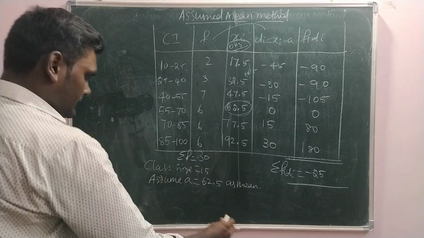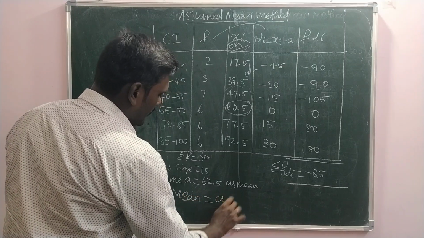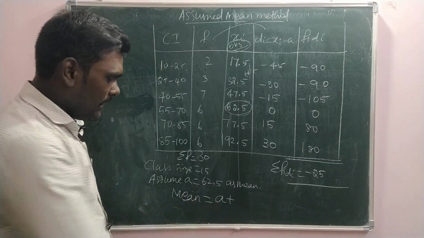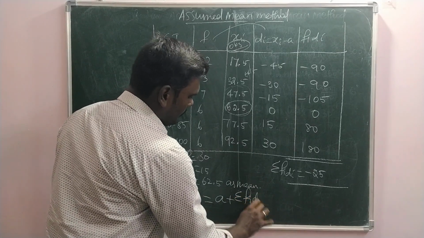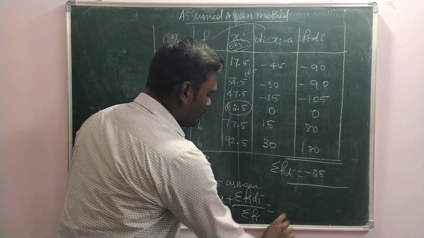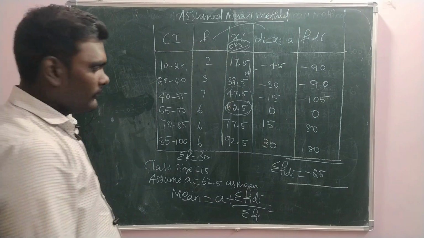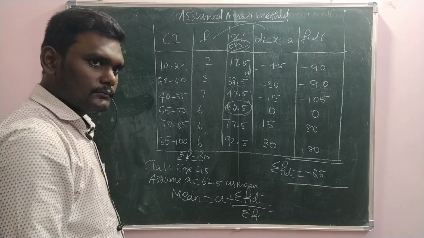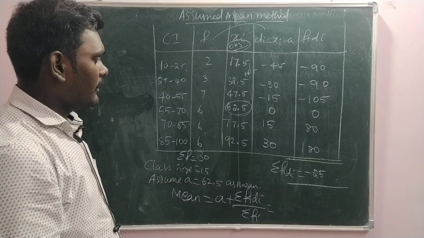The mean formula is A plus sigma fi di by sigma fi. Substitute these values. What A value have we chosen? 15 into 6, 90.